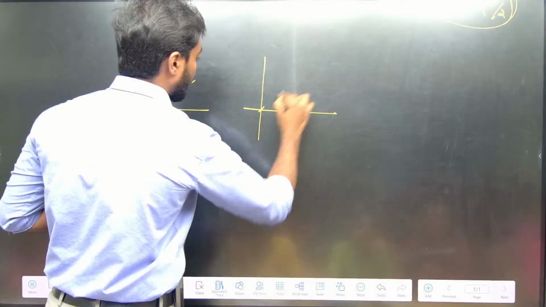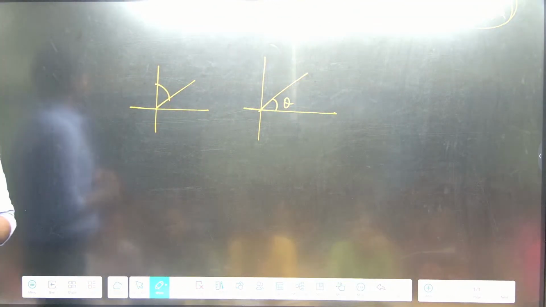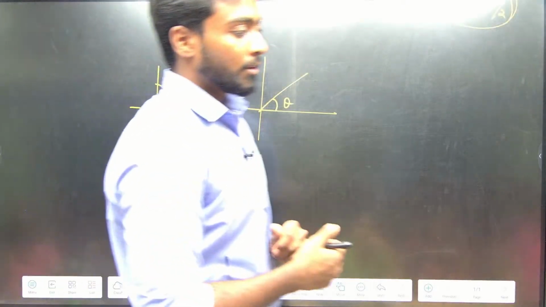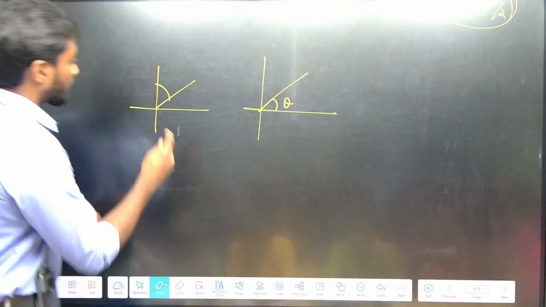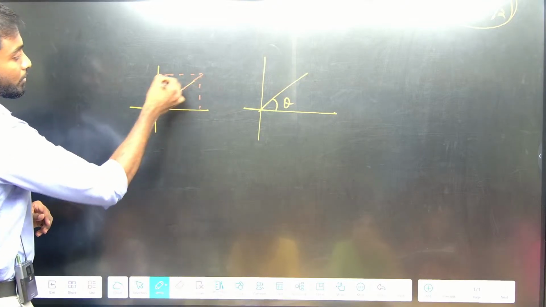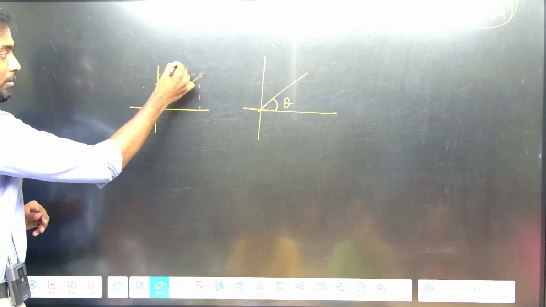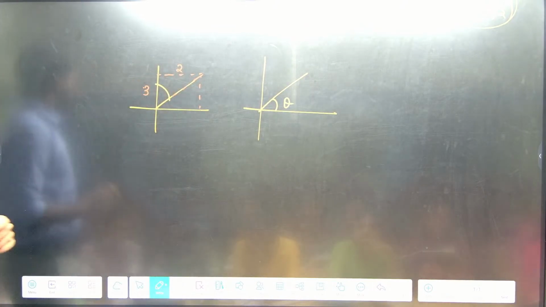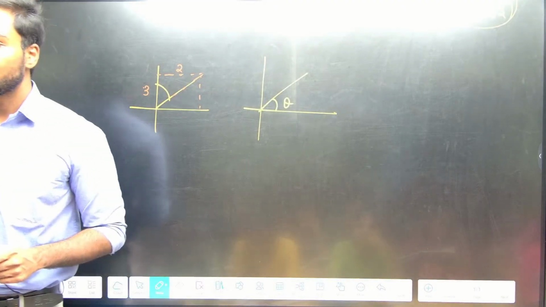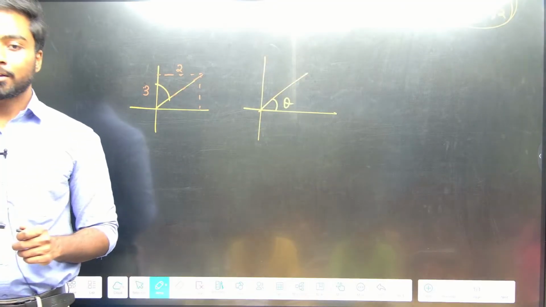This is for the x axis, this is for the y axis. So if I extend this, this is my opposite and this is my adjacent, no. So tan inverse of 2 by 3. Getting the answer? Any doubts here?